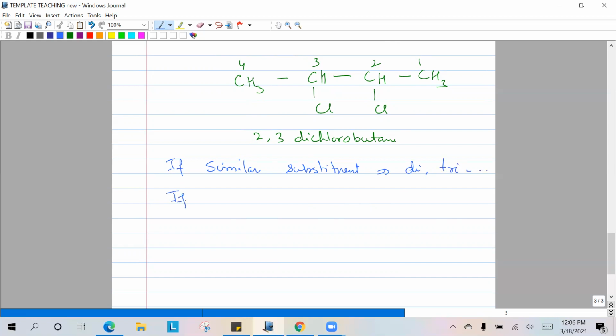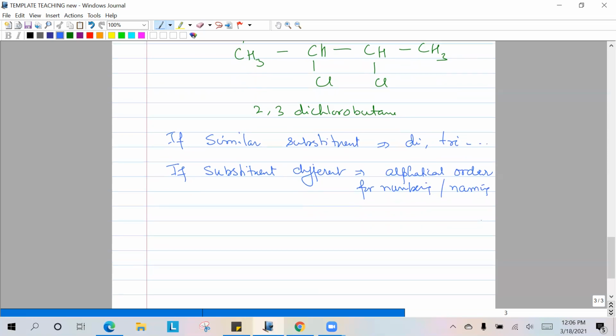And if substituents are different, then you will use alphabetical order for numbering and naming also, both of them will follow this.